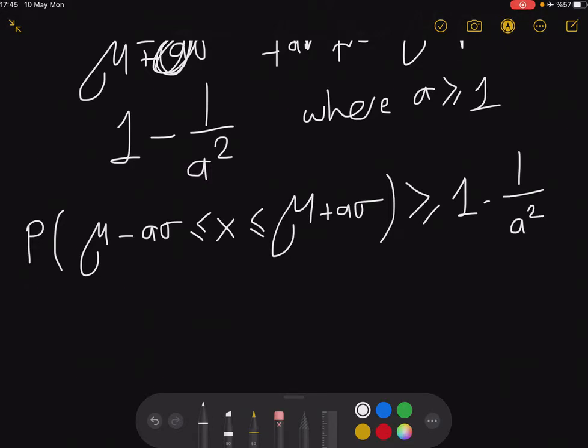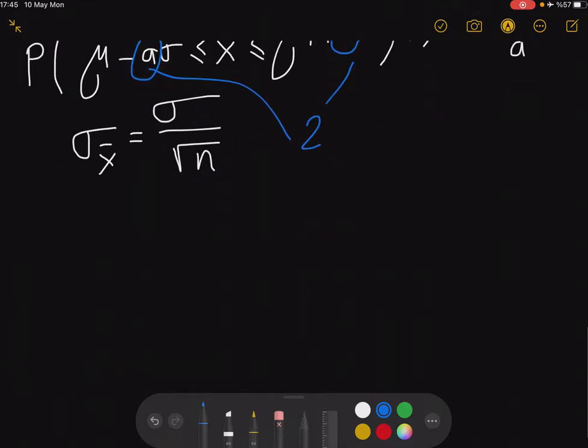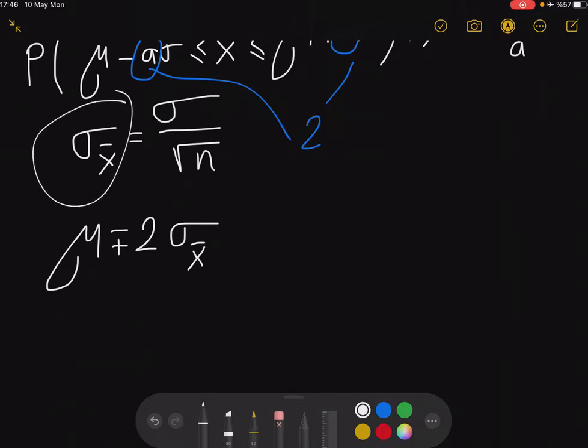And the standard error is, of course, calculated like this again. So for a equal to 2, for example, you can say that for mu plus or minus 2 sigma x, this one is what you're calculating from the samples, the probability is 1 minus 1 over 2 square.